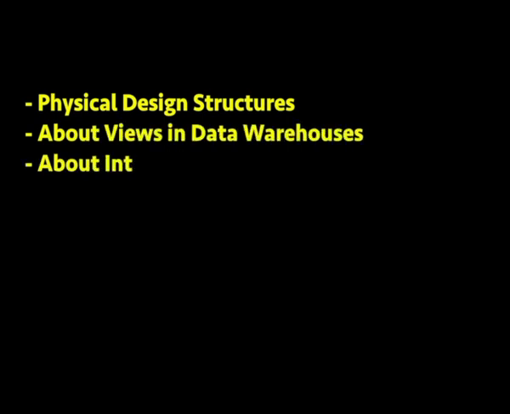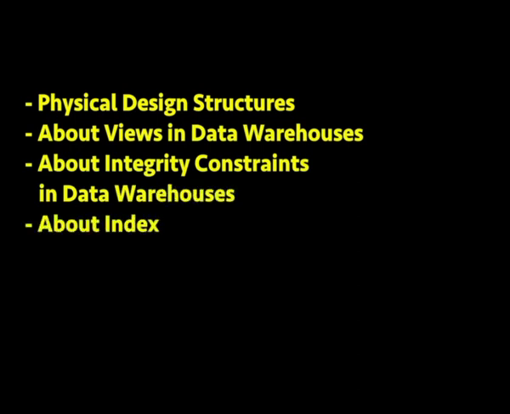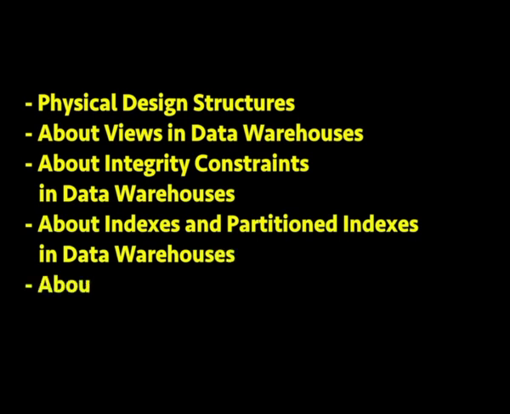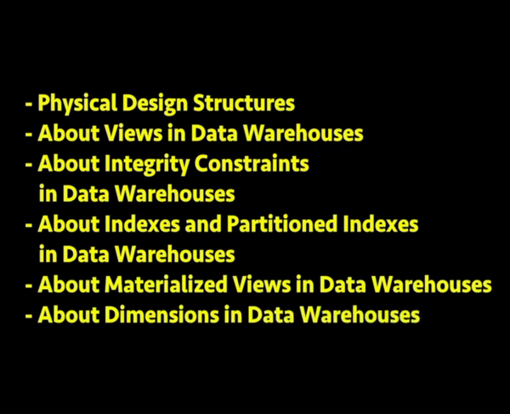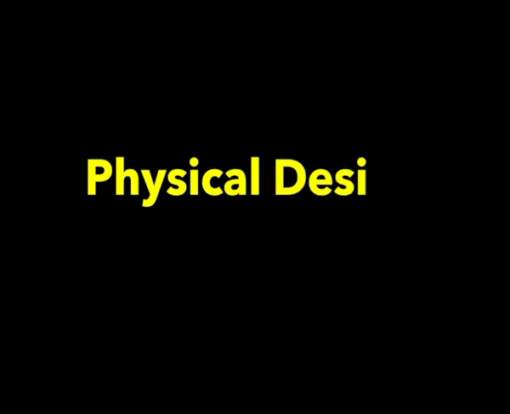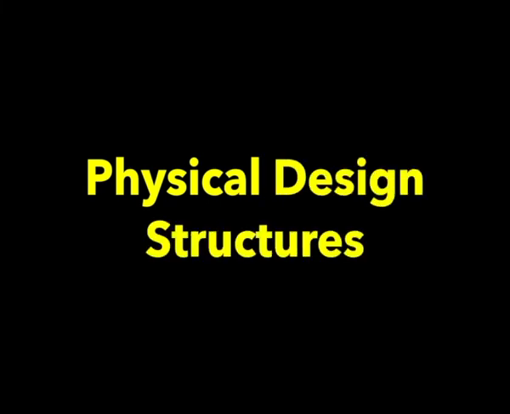The following section contains the following topics: number 1, physical design structures; number 2, about views in data warehouse; next, about integrity constraints in data warehouses; then partitioned indexes in data warehouse; about materialized views in data warehouses; about dimensions in data warehouses. First, let us discuss about physical design structures.